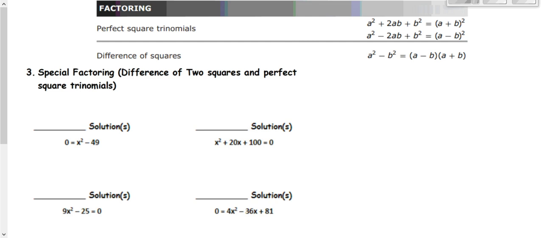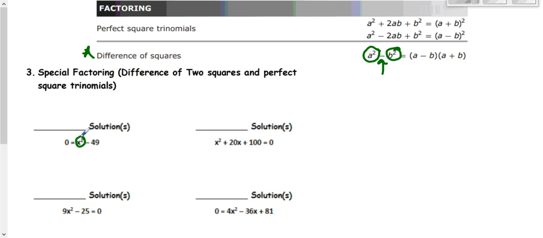So when I look at this first one, I have x squared minus 49. And if I look at my formula chart, this is actually the difference of two squares. I have a square, and they're subtracting. So I can just find what would multiply to make each of these. What would multiply to make my x squared?